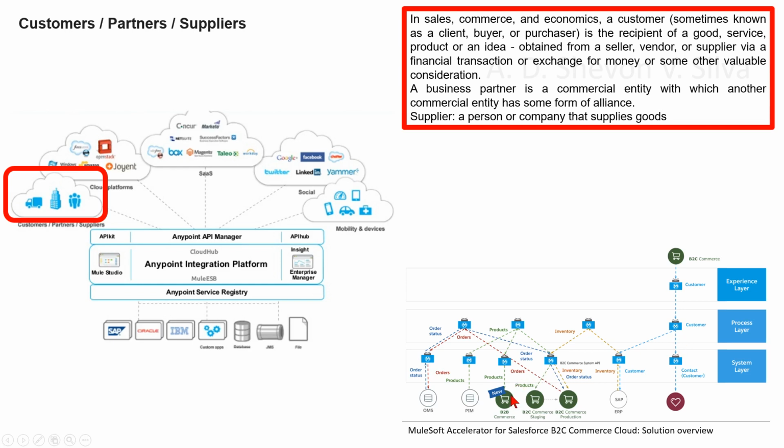Salesforce B2B commerce system API. The B2B commerce system API exposes product data as JSON.